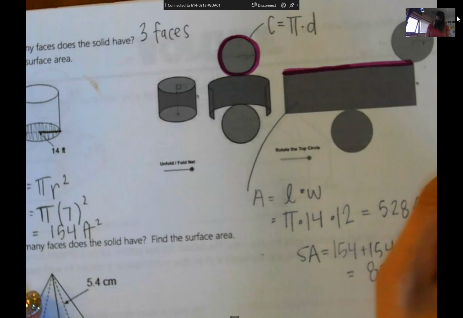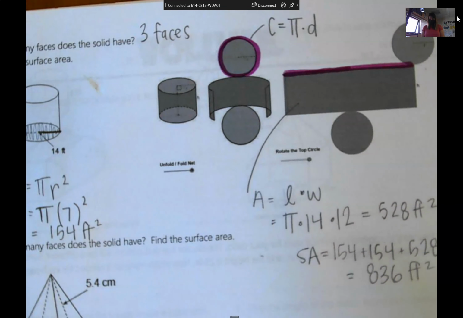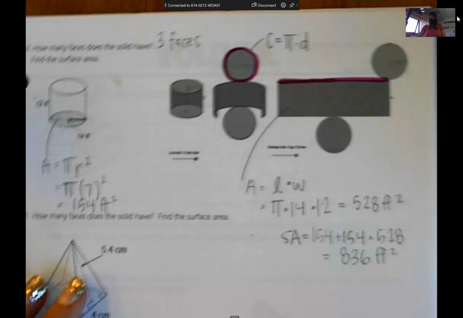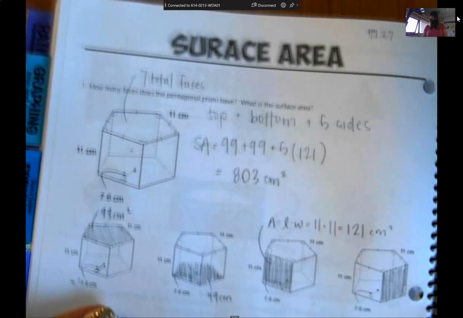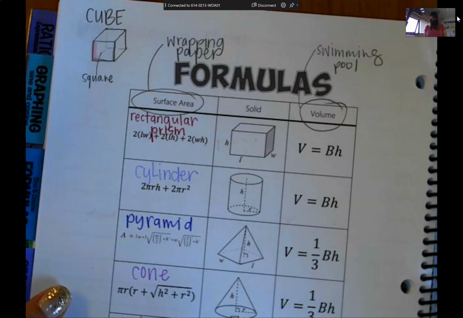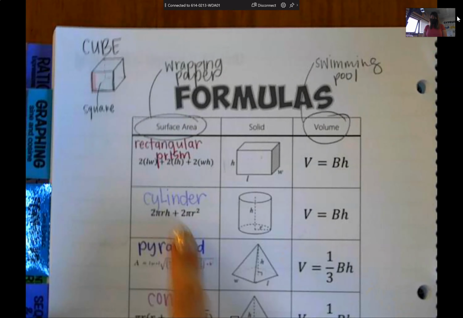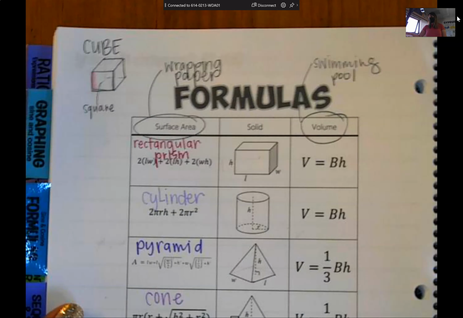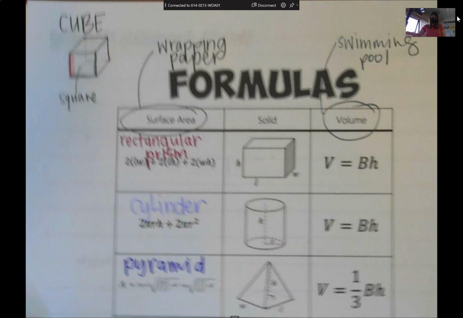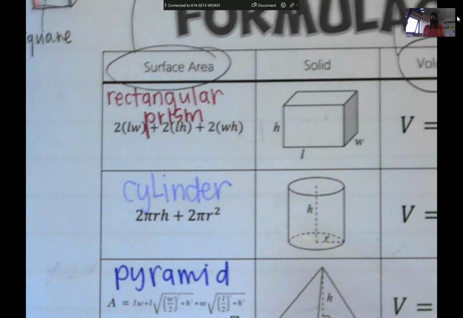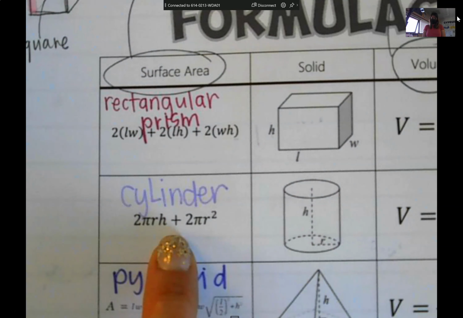Is that what you guys got? Are you sure? Complicado. Okay, now that we've done that one, I want to look at the formula for that one. I don't know that I feel like that one's any easier, but okay. That's the formula for the cylinder.